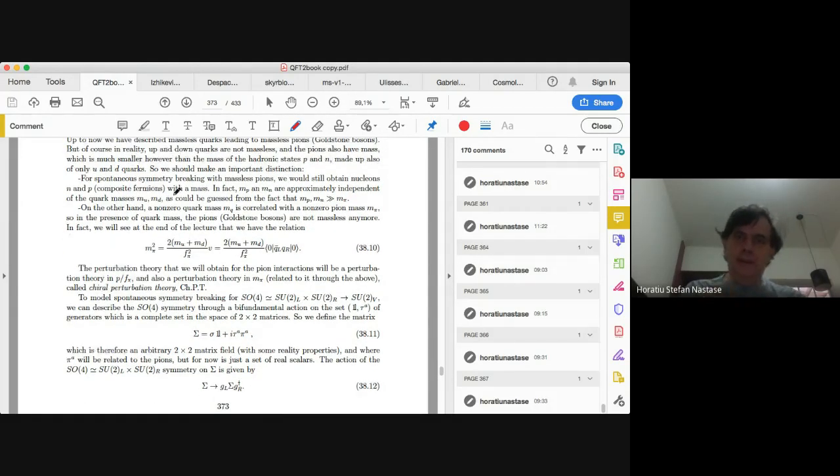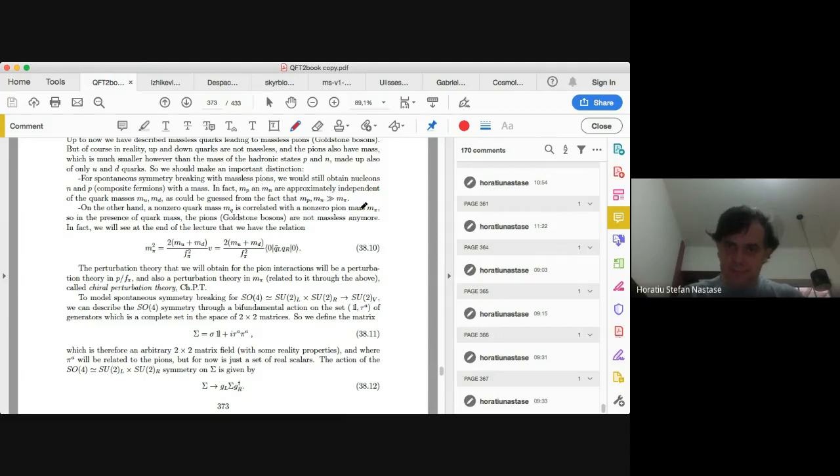But as I also said, it's important to remember that even if I consider exactly massless up and down quarks, which would correspond to exactly massless pions, you would still have this lambda QCD scale. So you'd still have a non-zero mass for the proton and neutron.